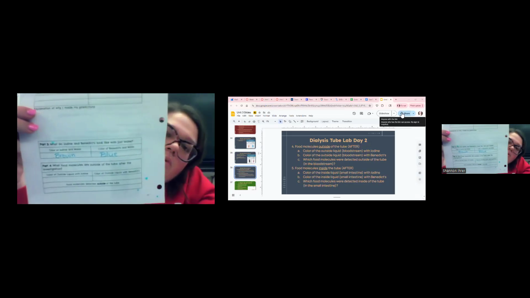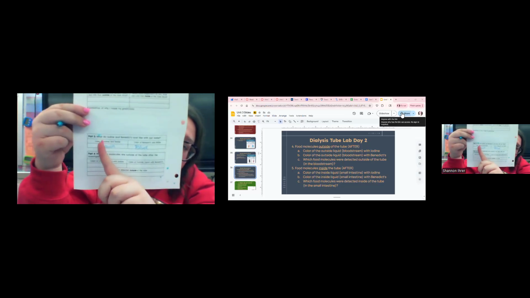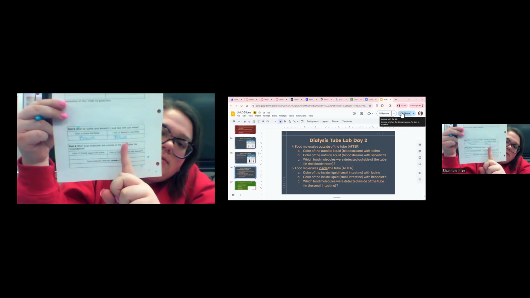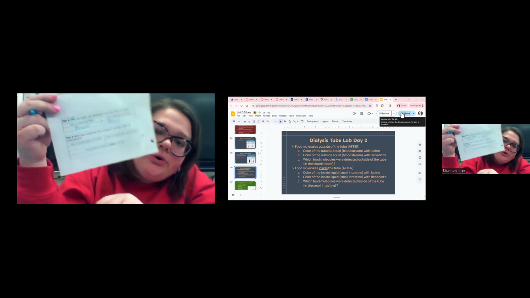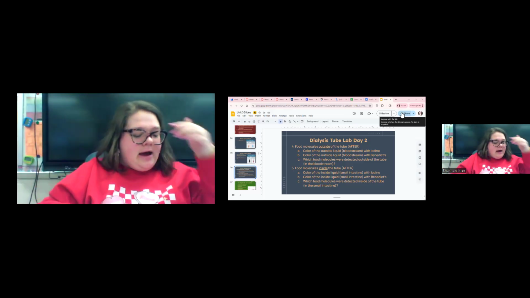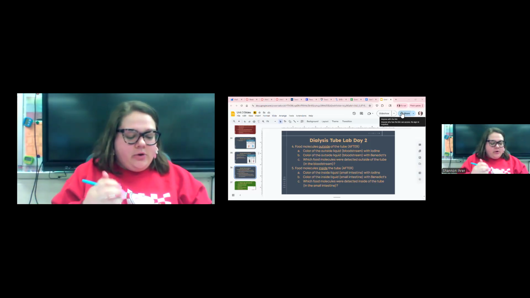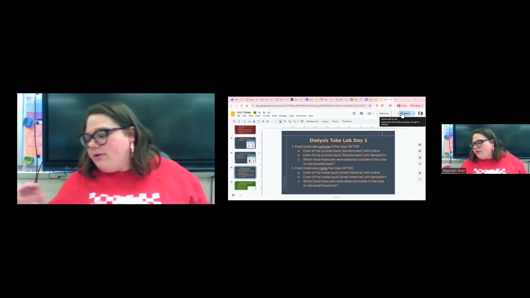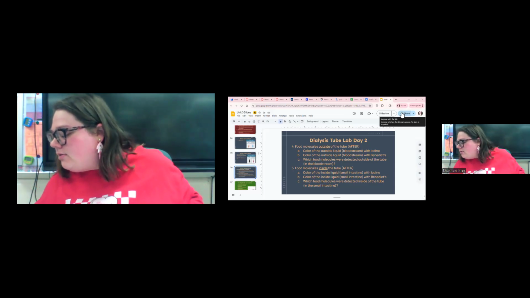Okay, so we should have part 3 done, where color of iodine in water is brown, color of Benedict's in water is blue. Now we are going to look at the food molecules that are outside of the tube after the investigation.